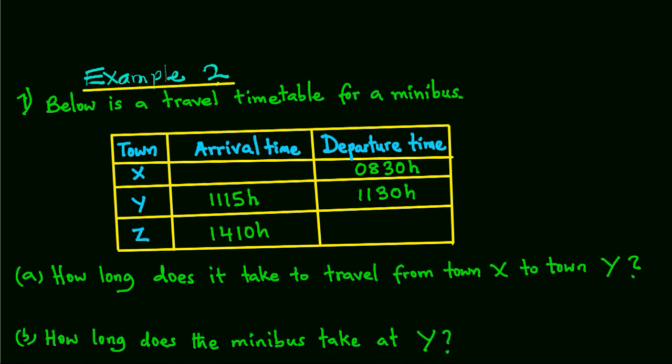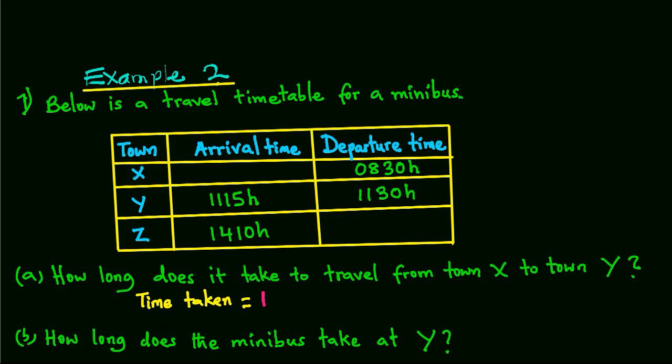So our first task is to determine how long it takes to travel from town X to town Y. So in this case, time taken will be equal to arrival time minus departure time.